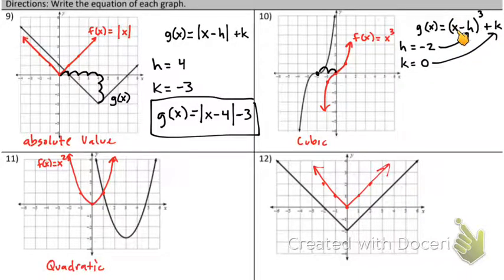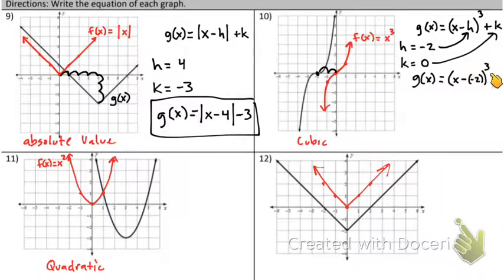Again, watch the Monday video if you're trying to figure out where the heck you get these equations from. It's all in Monday's video. All right, so now let's write this. So we have g of x equals x minus, for the equation, but then I have a -2 as well. That's my h, to the power 3.